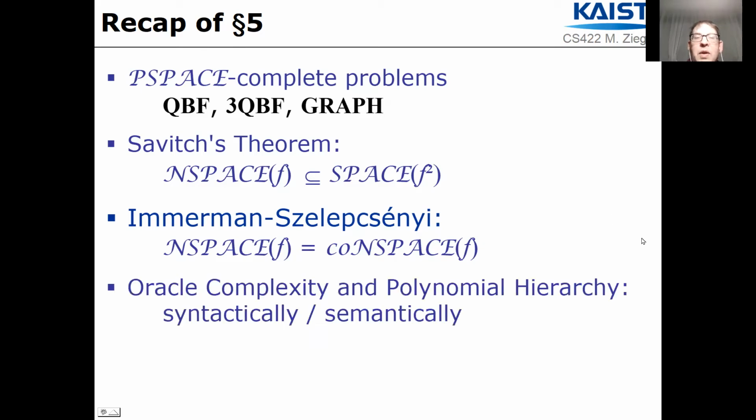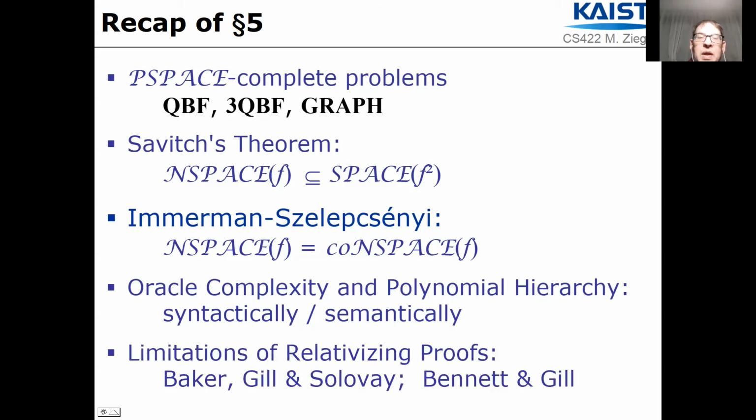Anyway, then we talked about oracle computational complexity. We've relativized the complexity classes P, NP, P-space, and we've considered the polynomial hierarchy. First, syntactically, with alternating quantifiers, a constant number of quantifier alternations, where QBF had a variable number of quantifier alternations, and semantically, meaning that we consider NP as an oracle, then NP to NP as an oracle, and so on, for oracle Turing machines.